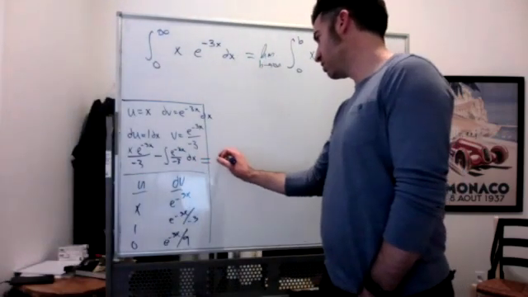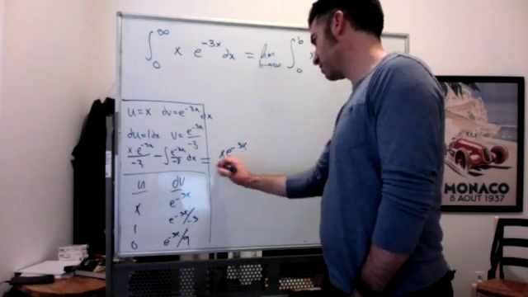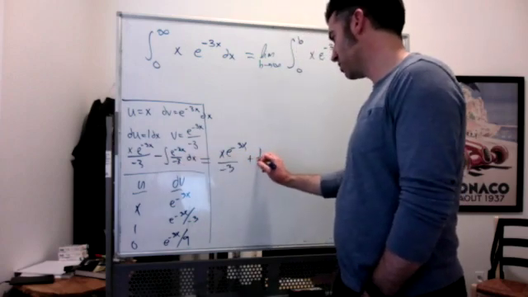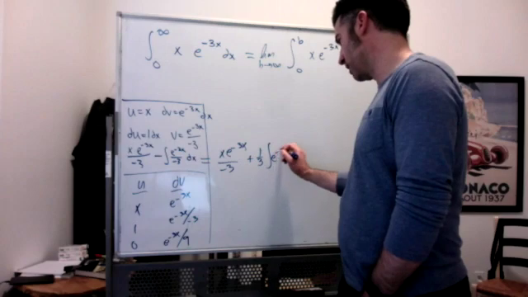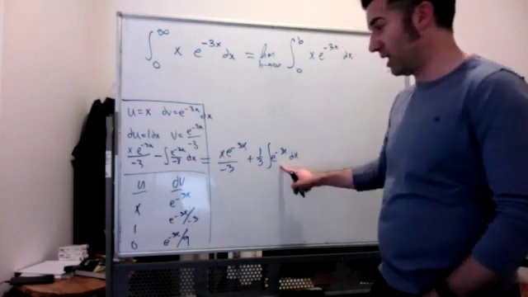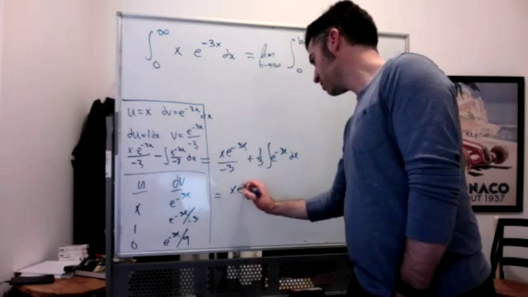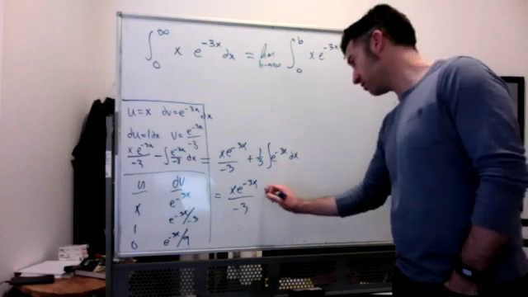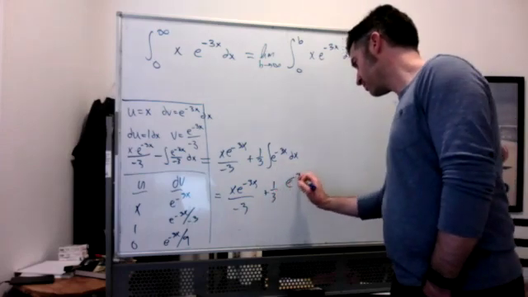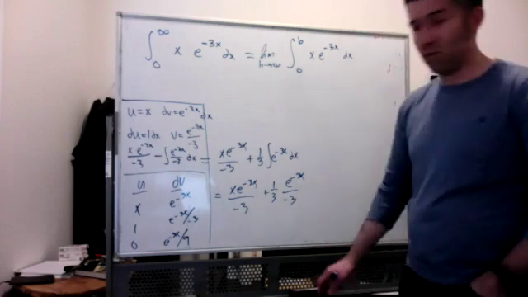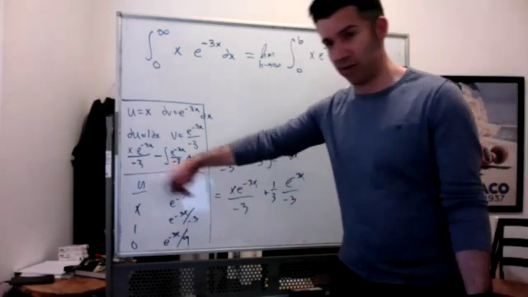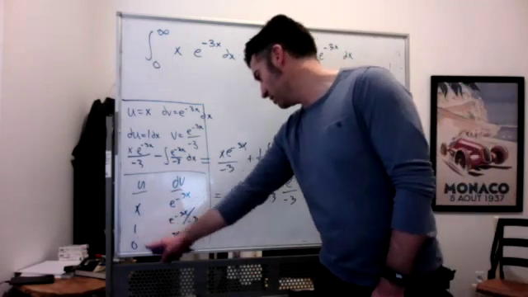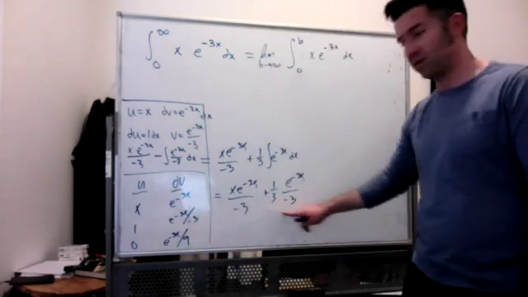And that's going to equal x e to the negative 3x over negative 3, minus a minus, so plus 1/3 integral of e to the negative 3x. But we know what that is. It's just another e to the negative 3x over negative 3. Which is exactly what you would get if you did the tabular thing. You would get x times e to the negative 3x over negative 3 minus 1 times e to the negative 3x over 9, which is exactly what you're getting here.